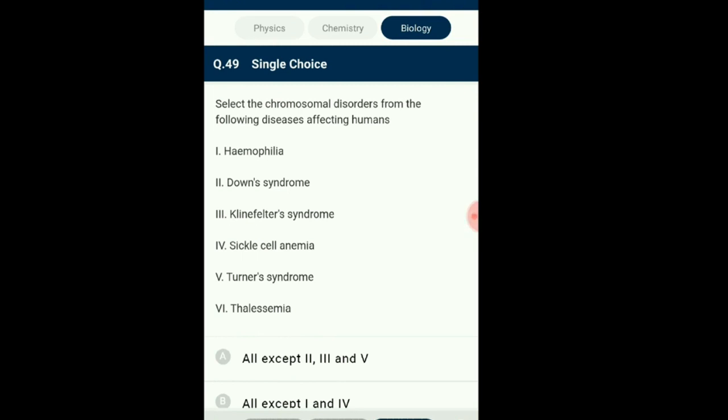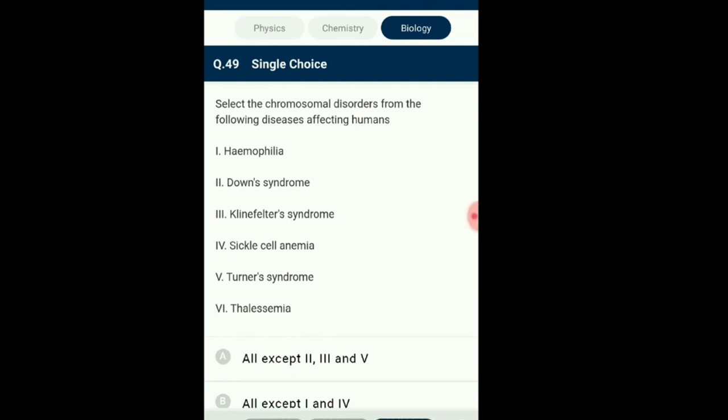Question number 49. From the following diseases affecting humans. Chromosomal disorders are diseases or conditions that occur due to a change in the number of chromosomes in individuals. Down syndrome is due to an extra 21st chromosome. Turner syndrome is caused in females due to the lack of one X chromosome from the 23rd pair of double X. Klinefelter syndrome is caused due to an extra copy of the X chromosome in males, making the 23rd pair XXY.